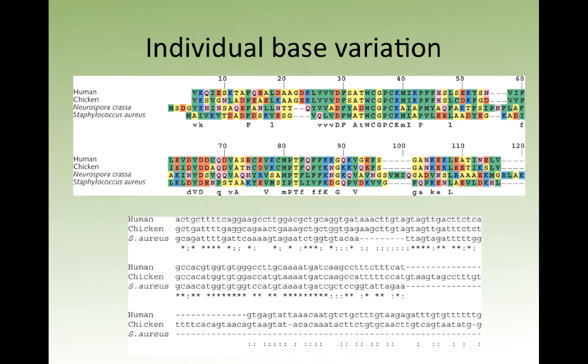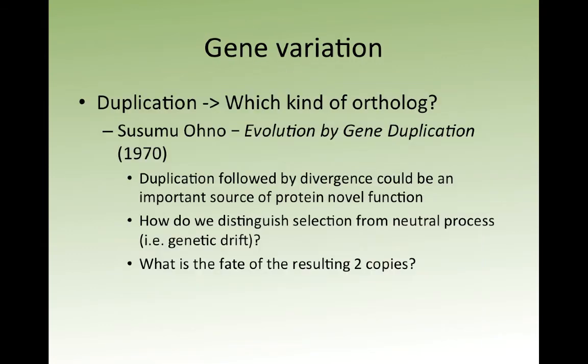So that's how we might use individual-based variation to look at these patterns and specific differences between these groups, and describe which of these groups are more closely related to each other and why. Once we know about their similarities in sequence, we might also draw some inference about how human and chicken thioredoxins are working in similar functional capacities that may be very different from Neurospora and Staphylococcus.